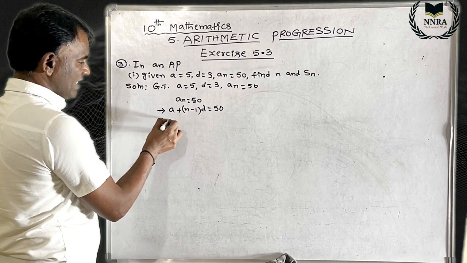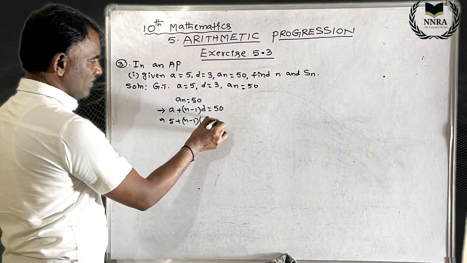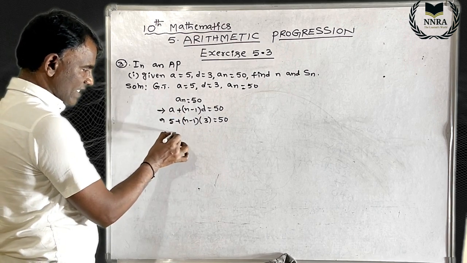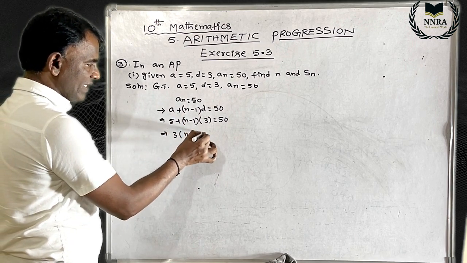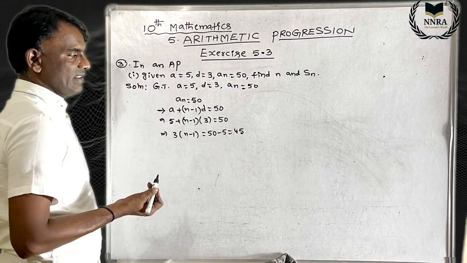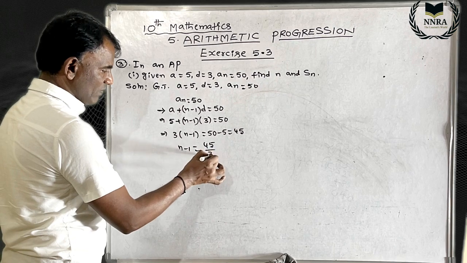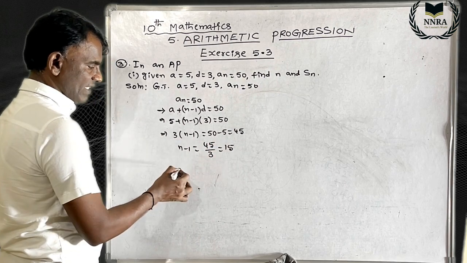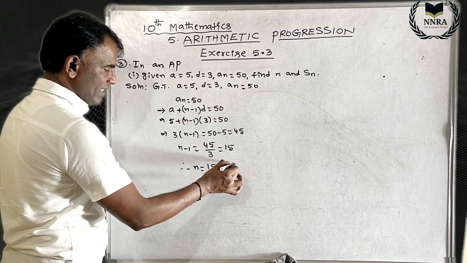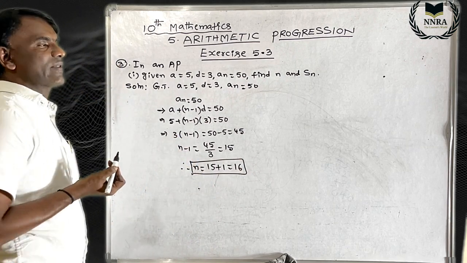Now a is 5, (n minus 1) into d is 3, equals 50. Next step, write 5 that side, then we get minus 5. Already 50 is there, then minus 5, that equals 45. And n minus 1 equals 45 divided by 3 equals 15. So now n equals 15, then plus 1 equals 16. So this is the value of n.